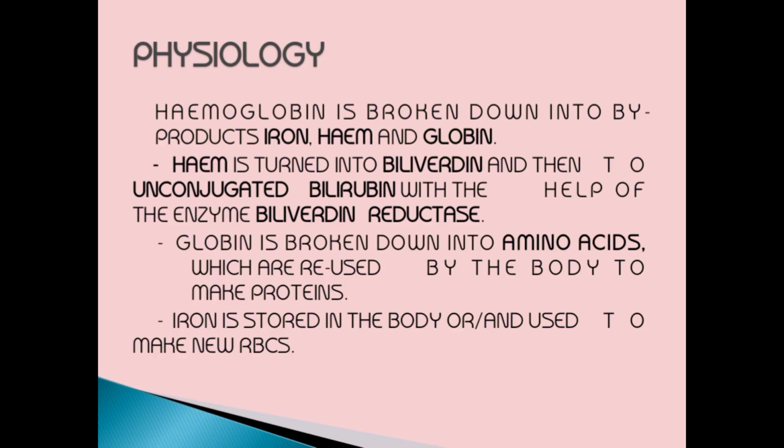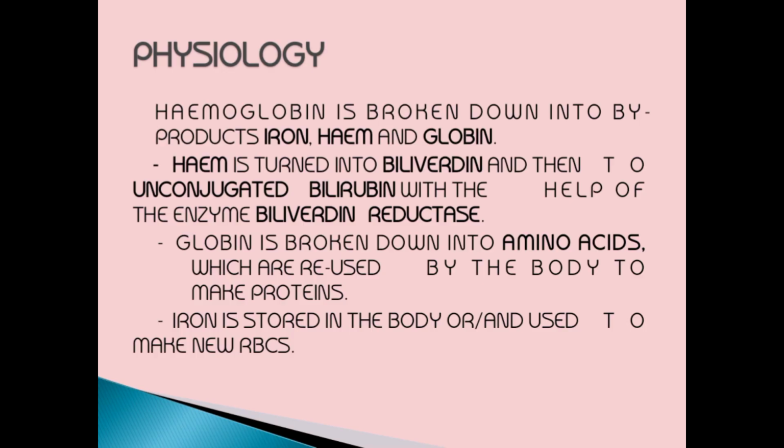What are these things? Heme is turned into biliverdin and then into unconjugated bilirubin with the help of the enzyme biliverdin reductase.